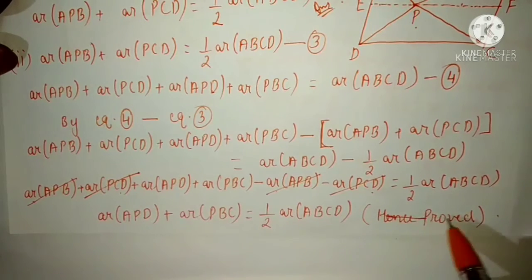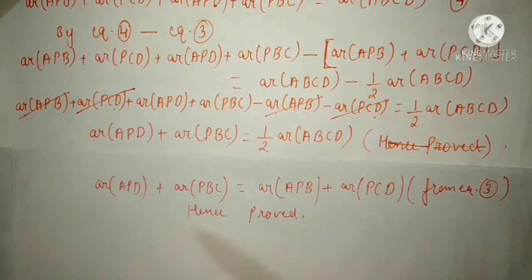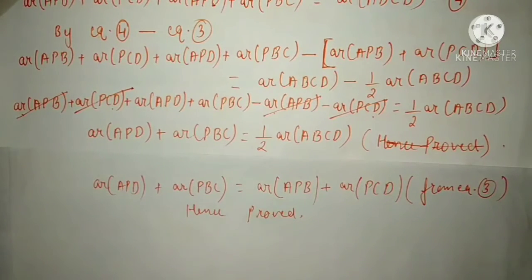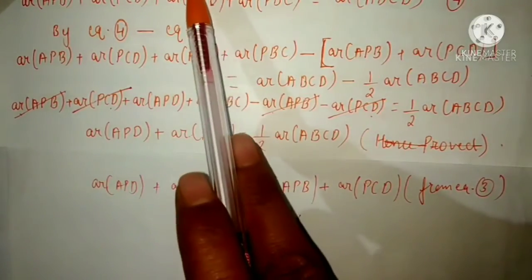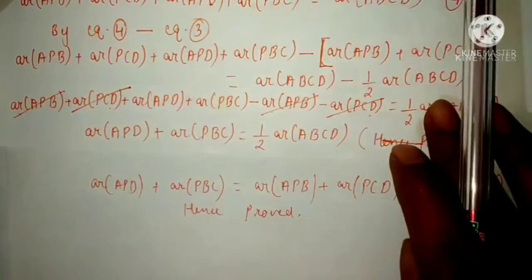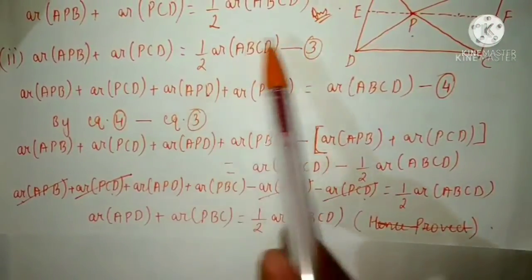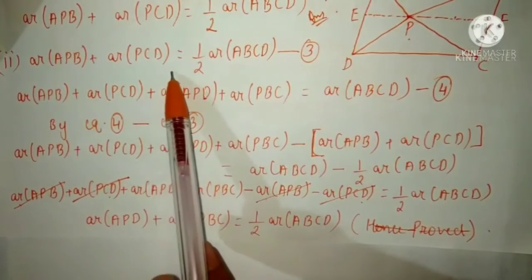Now see the next step. Area of APD plus area of PBC will be equal to, see the third equation, half of area of ABCD is equal to area of APB plus area of PCD.